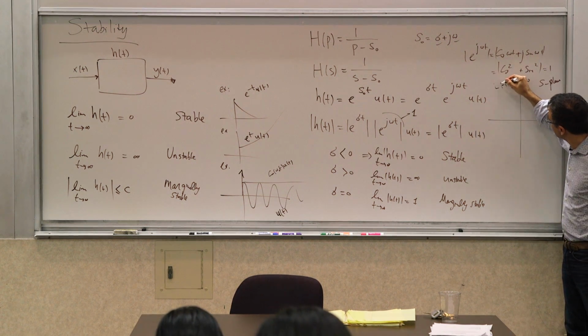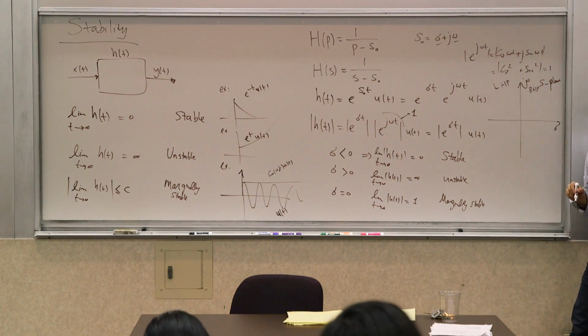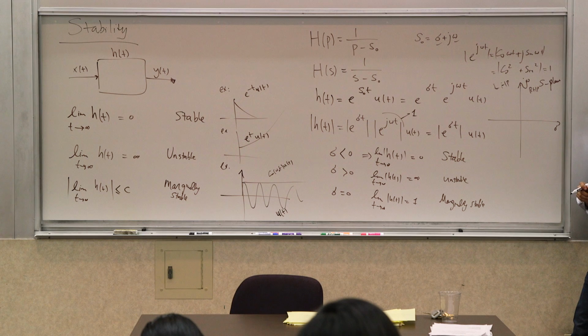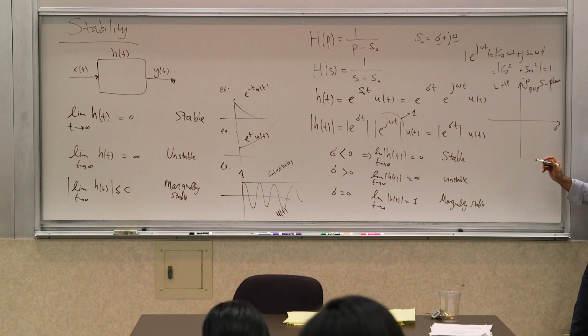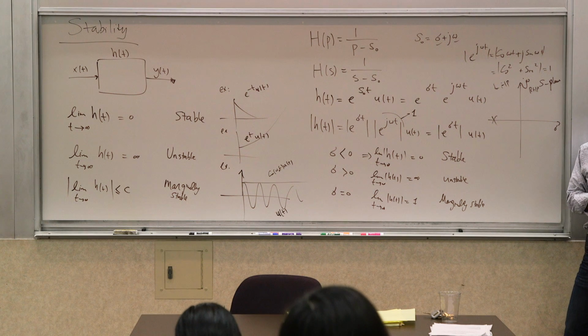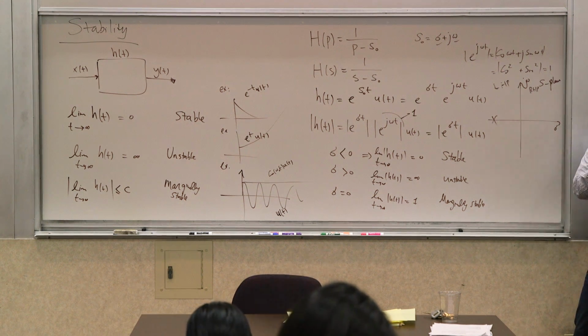Left half plane. You will see LHP and RHP a lot later on, because this is very important. So you can see it says a left half plane pole or right half plane pole. And then we'll talk about left half plane zeros and right half plane zeros, and you will see that they have a different kind of behavior than the poles. So if you have a left half plane pole like that, then the system, if that's the only thing you have, is stable.